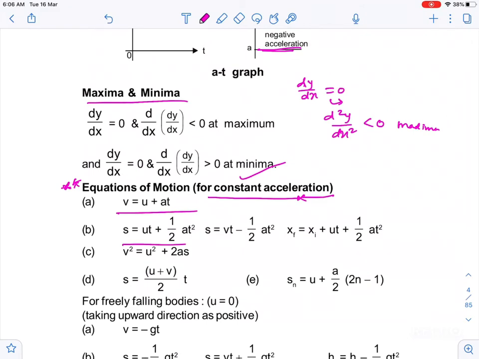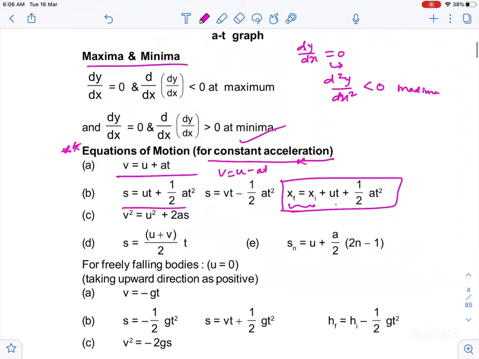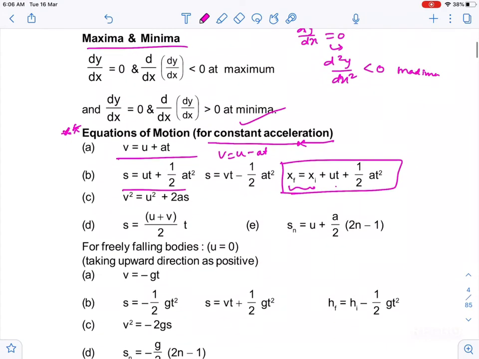S is equal to ut plus half at square, and minus half at square when acceleration is negative. You can also write v is equal to u minus at when acceleration is negative. Then x final minus x initial, in the same format, is equal to ut plus half at square. JEE asks questions on initial and final position also. V square is equal to u square plus 2as, or minus 2as.